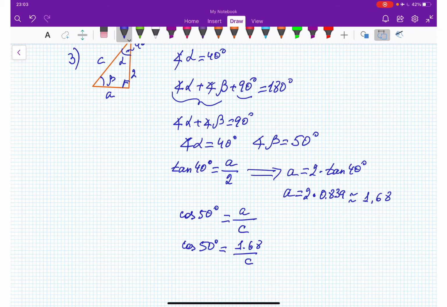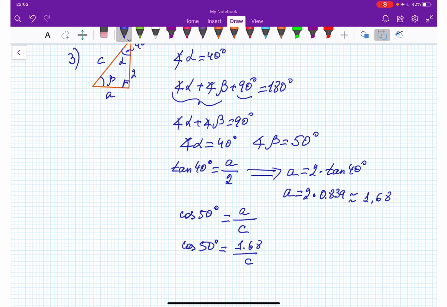Cosine 50 degrees, maybe we should use sine 50 degrees, so we would use 2 instead of 1.68. But okay, we started. You can use sine 50 degrees to avoid a fraction, but I already chose the hard way, so I'm going to finish it.